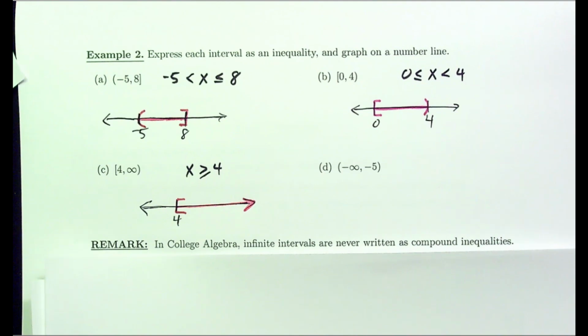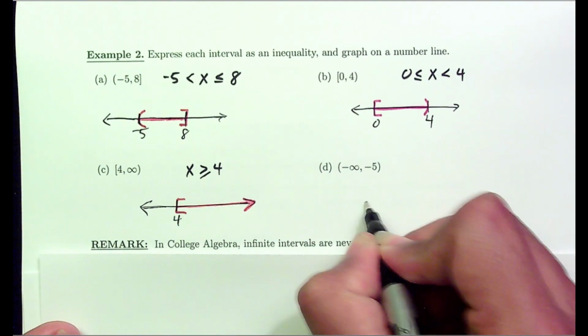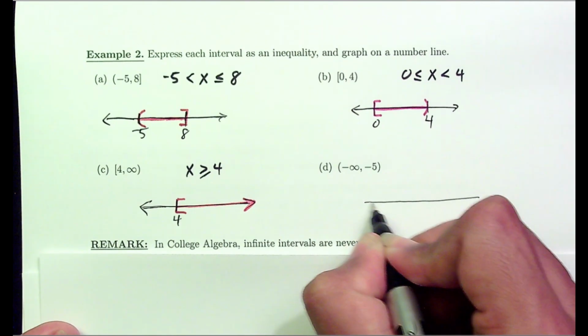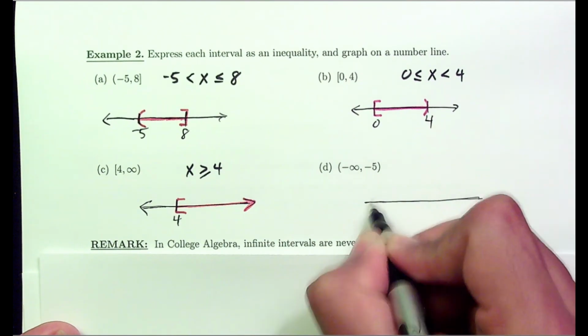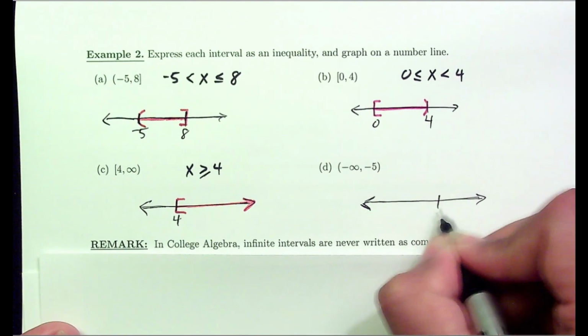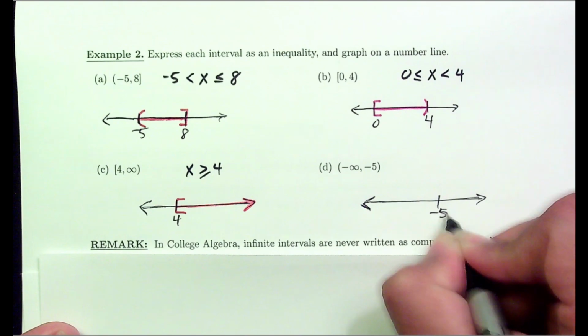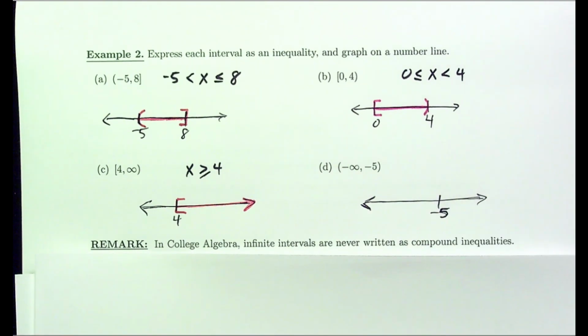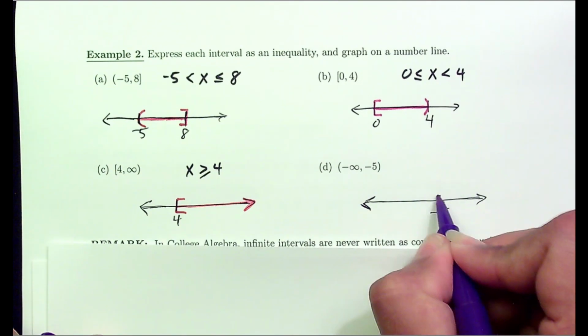And lastly, the last one, this picture right here. So one tick mark for -5. No other tick marks needed. You need parentheses there because it's not included.